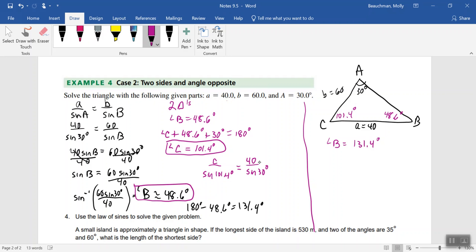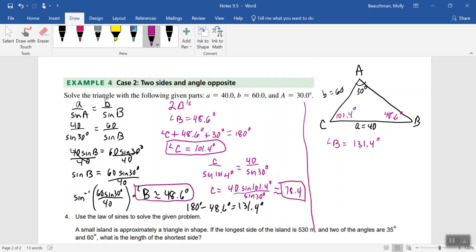This time we can cross multiply. We just need to multiply both sides. We get 40 times the sine of 101.4 degrees divided by the sine of 30 degrees. Type that in the calculator. Then side C is about 78.4.